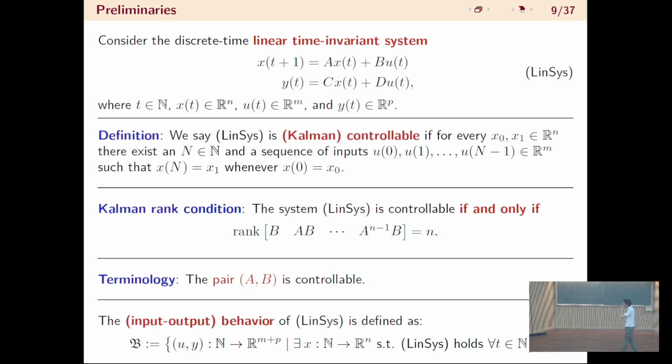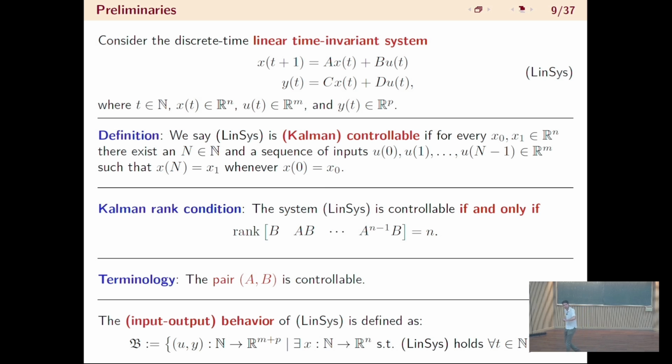Well, maybe a notion that some of you may be less familiar with is the following. For this type of linear systems, I also introduce what is known as the input-output behavior of the system. Let's have a look at how that is defined. Intuitively speaking, the input-output behavior contains all input-output trajectories that this system can produce. A little bit more formally, what does it mean? Well, the input-output behavior, B, contains all (u, y) functions from the natural numbers to R^(m+p).